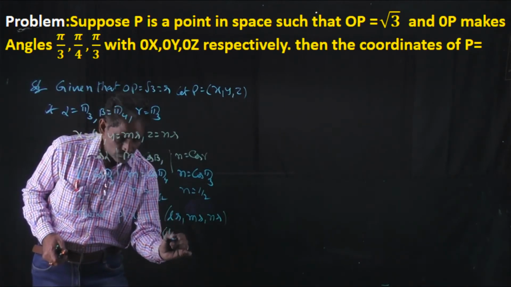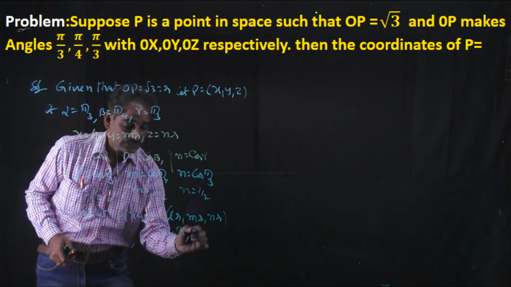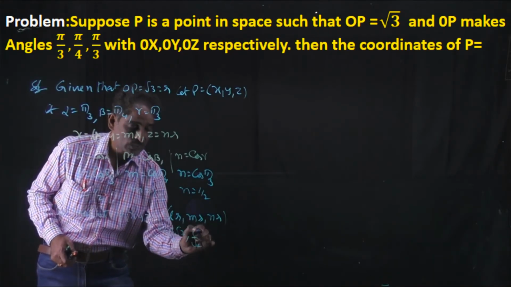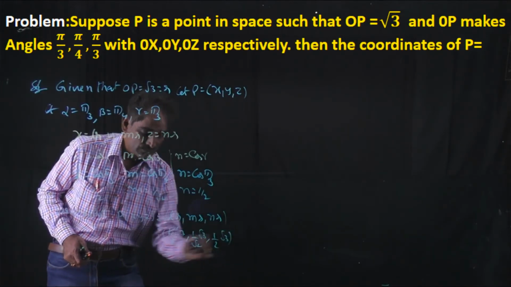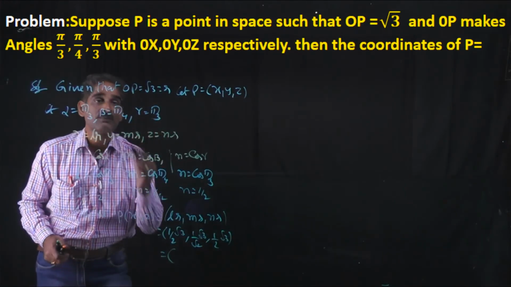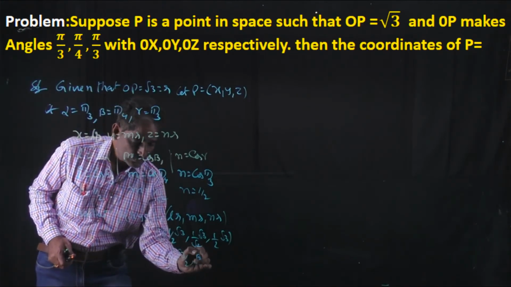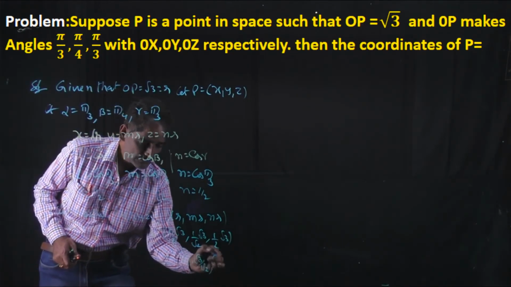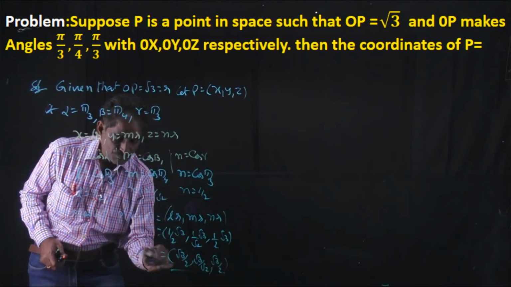Now l is 1 by 2 into r, that is root 3. m is 1 by root 2 into root 3. And n is 1 by 2 into root 3. Now the coordinates of the point P are root 3 by 2, root 3 by root 2, root 3 by 2. These are the coordinates of the point P, x, y, z.